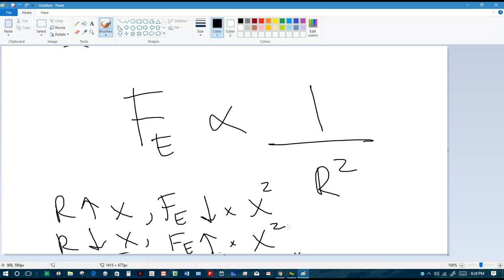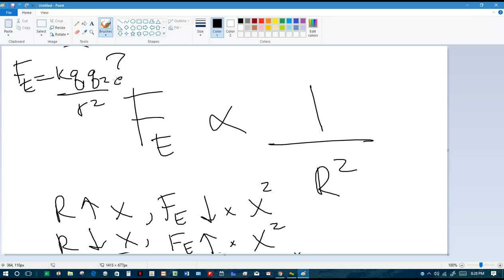And can I point something out? Could you even use the full equation based on the information they gave you, K Q1 Q2 over R squared? Is that even useful at this point? Do you know what Q1 is? No. Do you know what Q2 is?